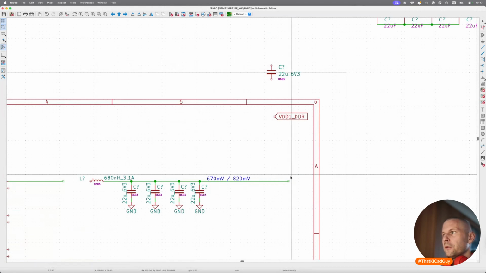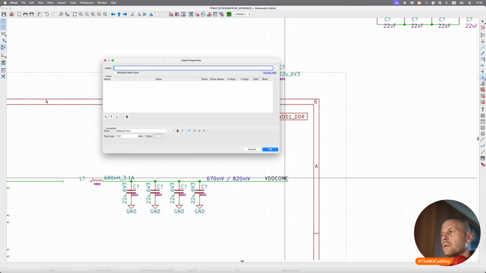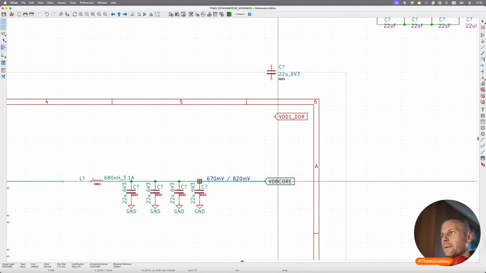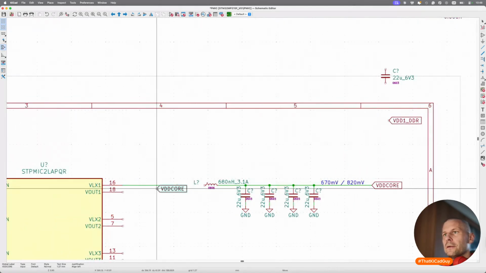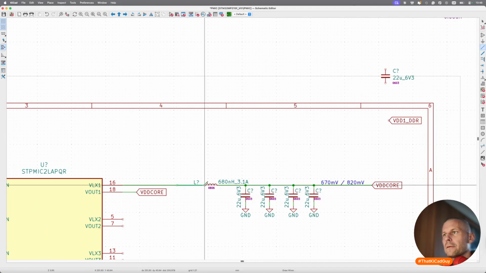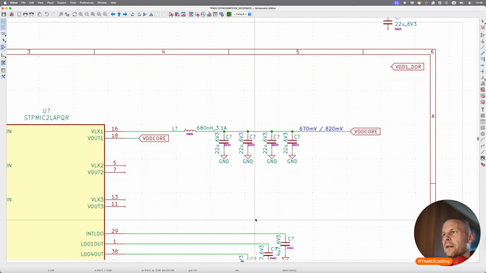And this will be the label, global label. Here and here. Nice.